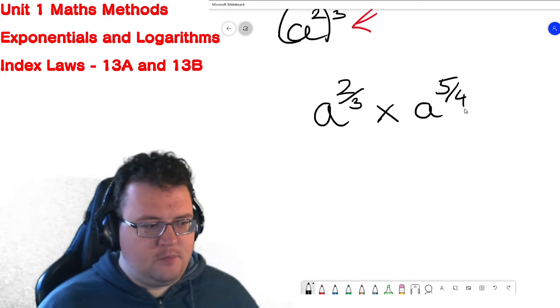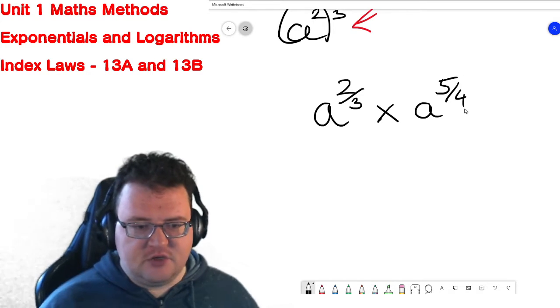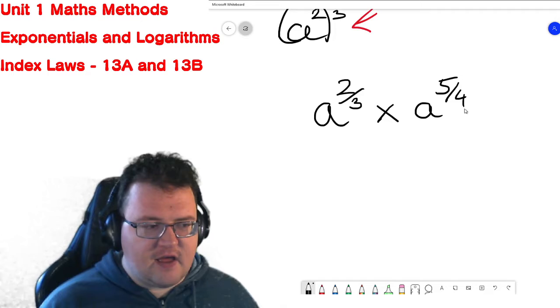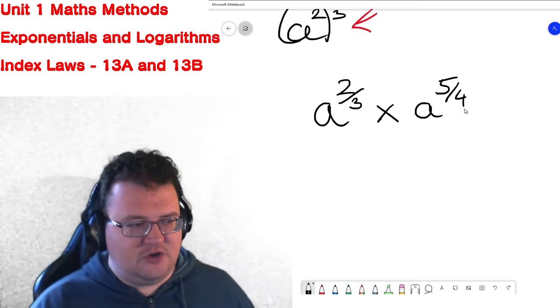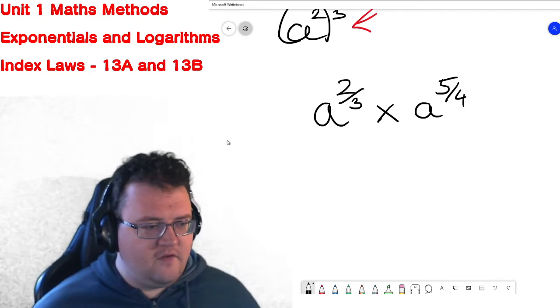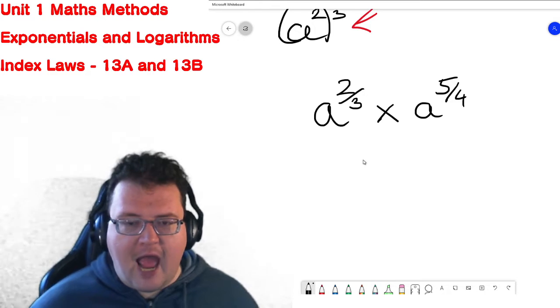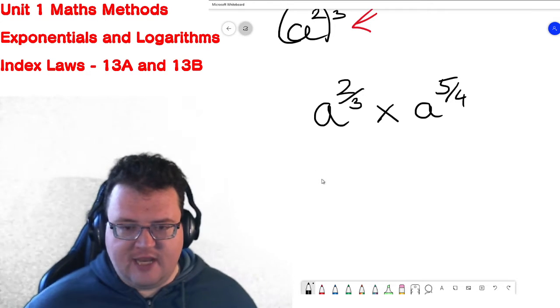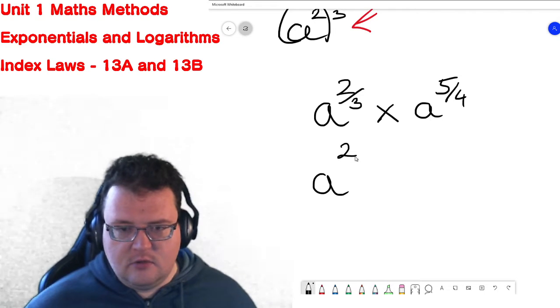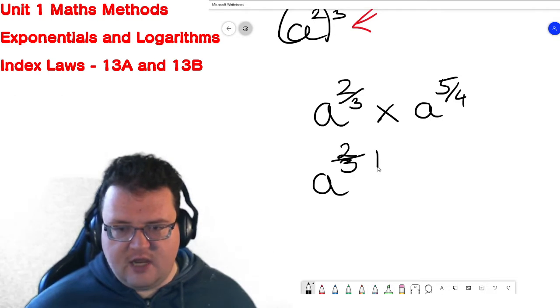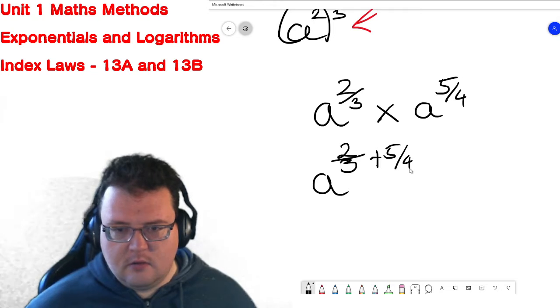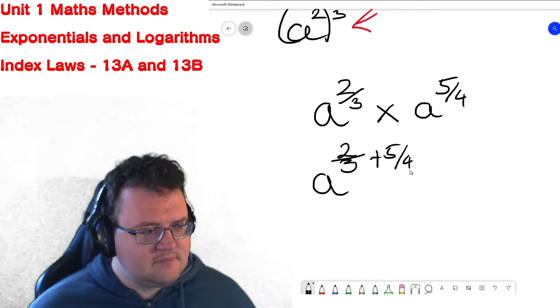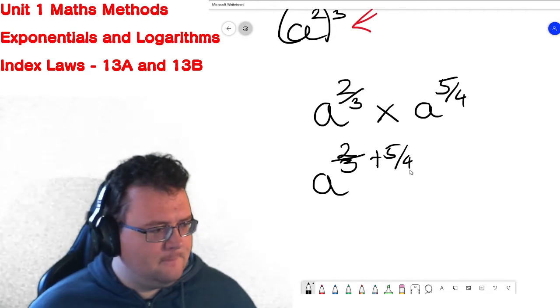If I have two exponentials and I'm multiplying them together, they have the same base, I add the powers. So let's think all the way back to the younger times. How do we add those powers together? Alright, so what I need is 2 over 3 plus 5 over 4. So how do I add those powers together?